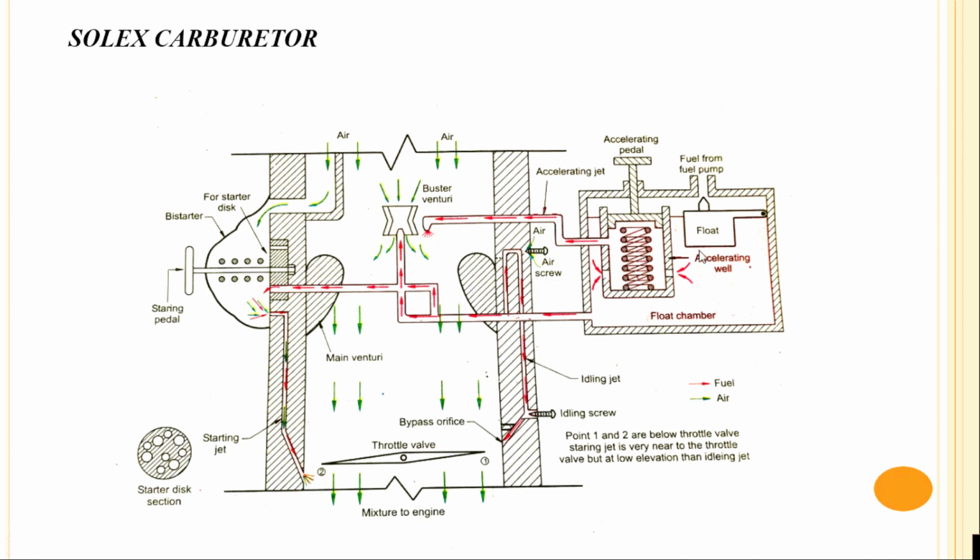When the pedal is released, it is taken up by the spring provided in the accelerating valve. This causes a little vacuum in the accelerating valve, and petrol from the main float chamber is admitted into the accelerating valve. These are the different conditions covered in this Solex carburetor.